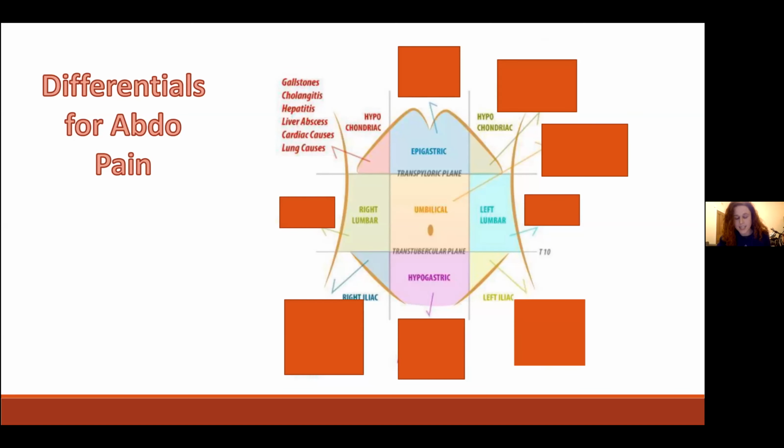So next, can anyone give me some for the epigastric region? GORD, peptic ulcer disease, pancreatitis, H. pylori, MI, gastritis. Yeah, really good. So all the things you said. And then what about the left hypochondriac?